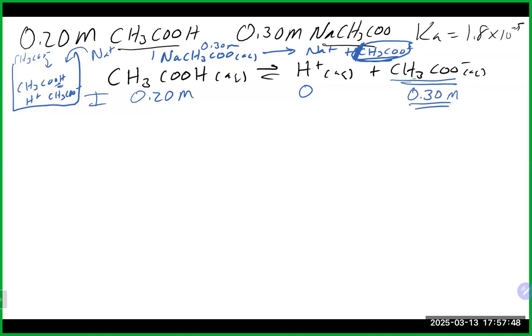This is a really important thing that most people frankly screw up on when they do an ICE table with a common ion situation. They're so used to zeroing out the right hand side that they put 0 there and don't have the common ion. If I put 0 there, what problem am I doing again?